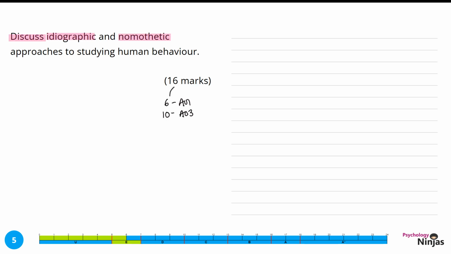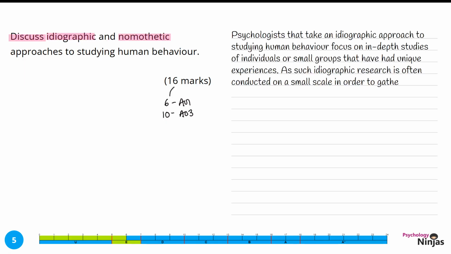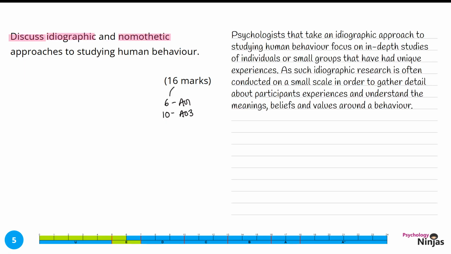Let's start by explaining or outlining an idiographic approach. Psychologists that take an idiographic approach to studying human behaviour focus on in-depth studies of individuals or small groups that have had unique experiences. As such, idiographic research is often conducted on a small scale in order to gather detail about participants' experiences and understand the meanings, beliefs and values around a behaviour.